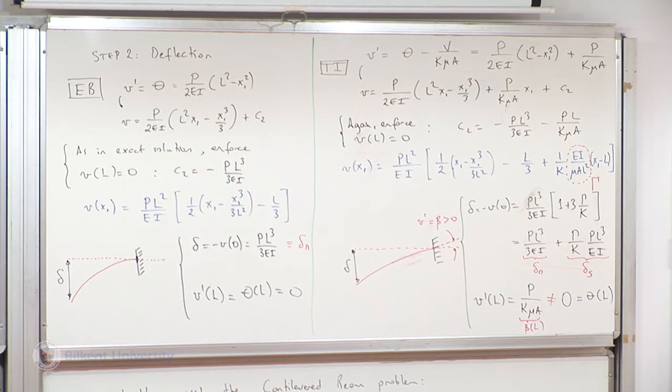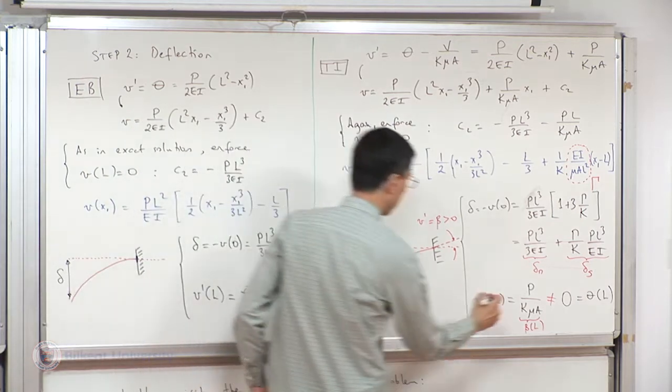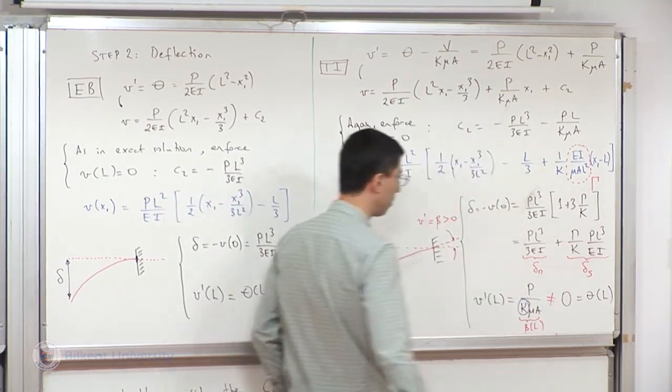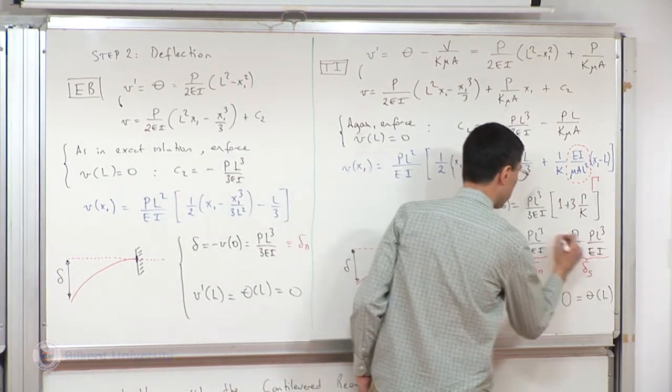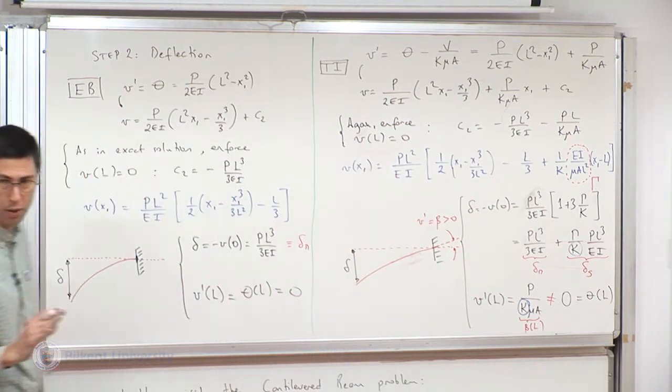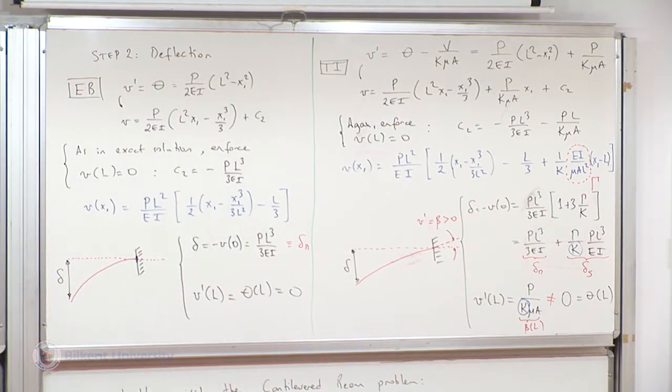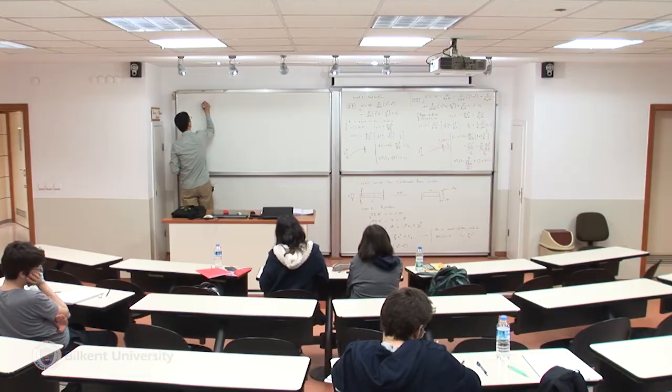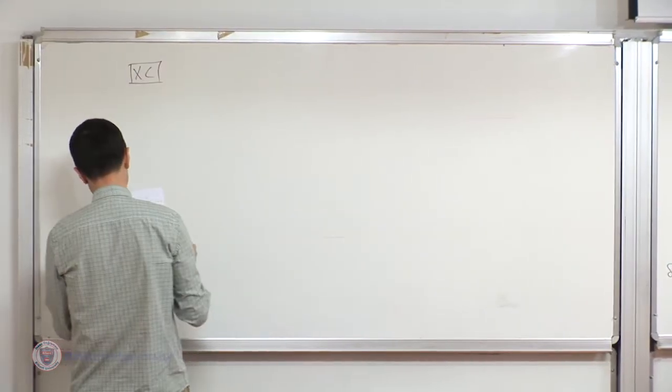There still remains K to be determined. I don't know what K is yet. The shear correction factor is something I still need to find out. And that's partially why I am going to write down the analytical solution. So let's call that exact.